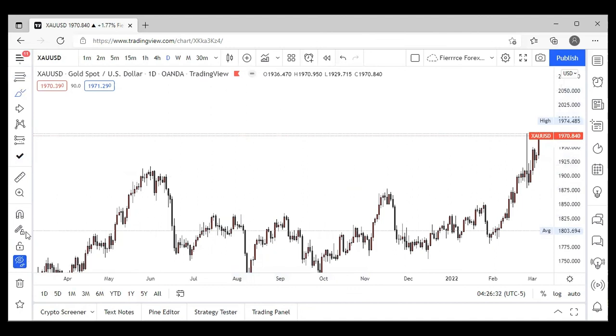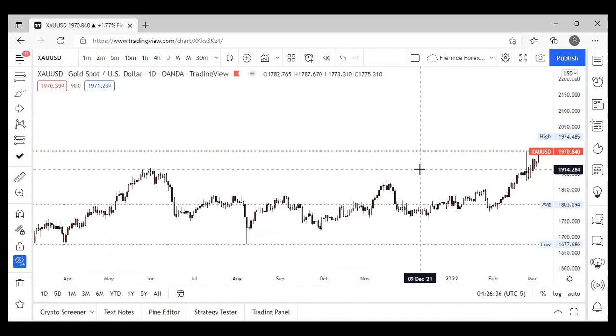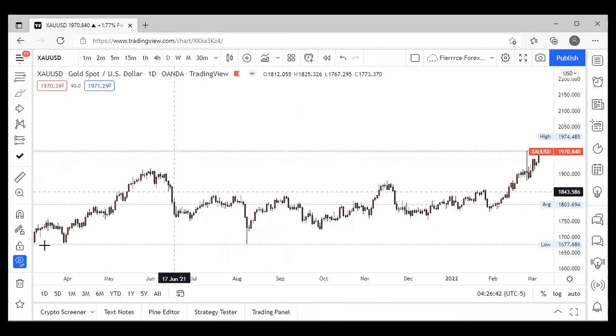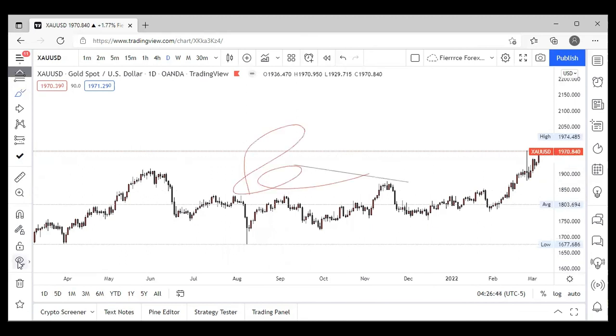So let's say I've drawn my trend lines and my arrows, but I just want a quick blank glance of my chart. I can just hide them without necessarily deleting. Sometimes you've marked your chart and you don't want to delete the markings, so you just hide them. If I wanted to delete them, I just come here and delete.